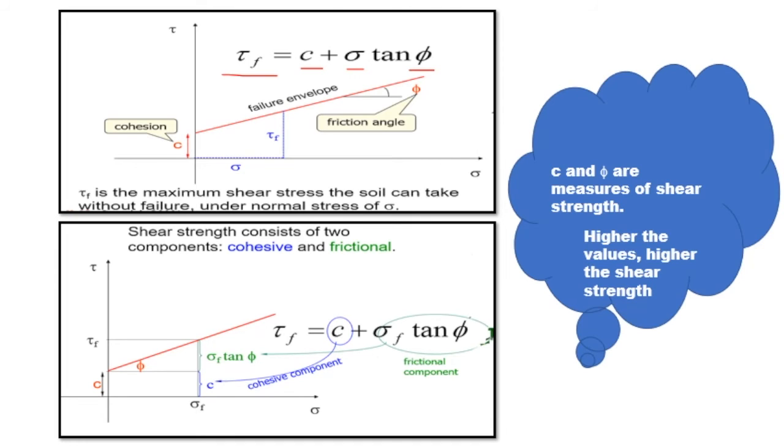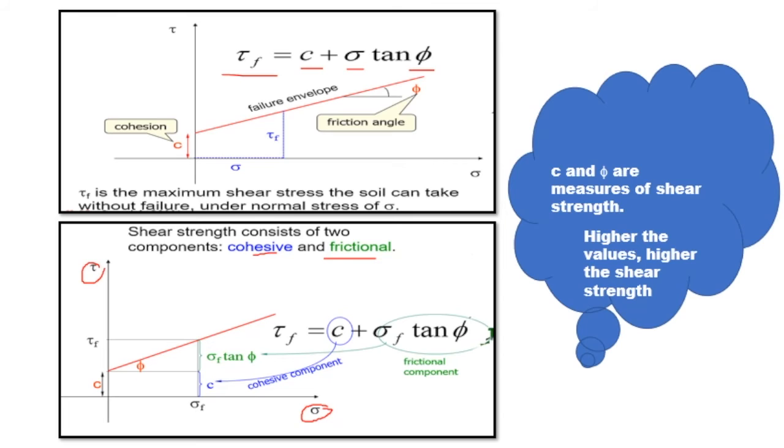As we already studied, the shear strength depends upon cohesion and angle of internal friction. Mohr's theory is concerned with the shear stress at the failure plane, and we can draw a plot of normal stress sigma and shear stress tau.